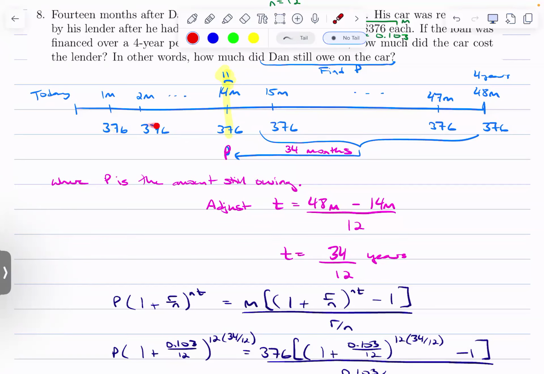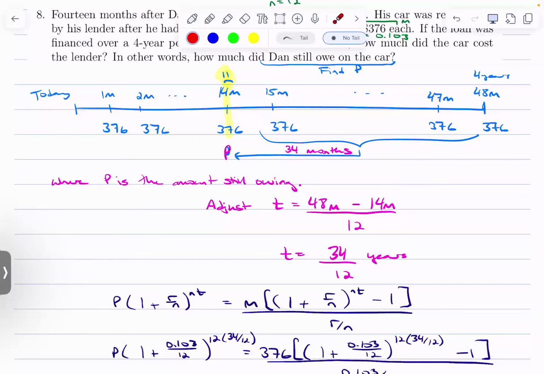If you're taking off these payments, then you would have to pull this arrow all the way back, which we know how to do. You can solve for P today, but then you would also have to solve for P of these 14 payments and then subtract them. So it's like double the work.